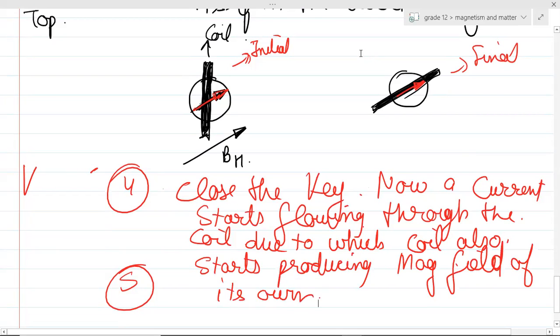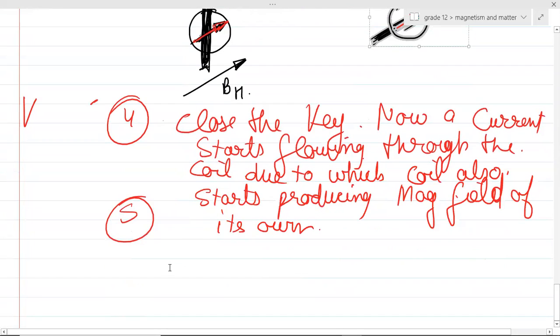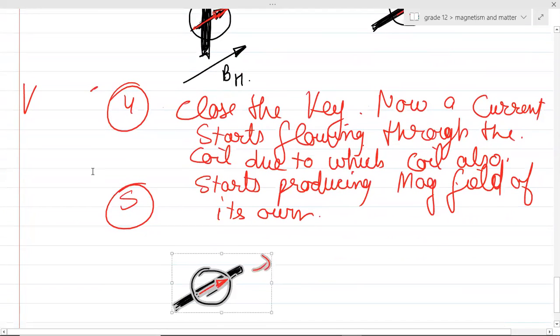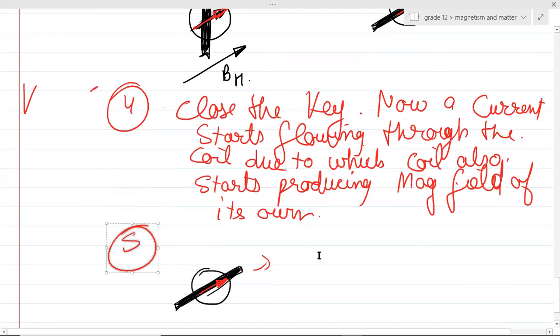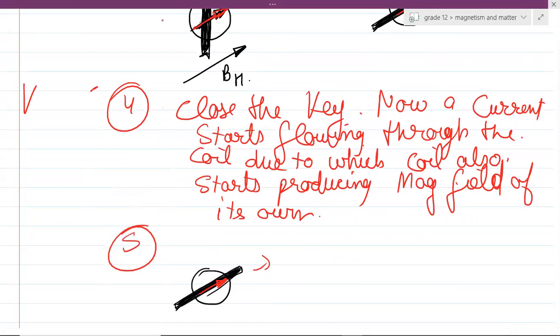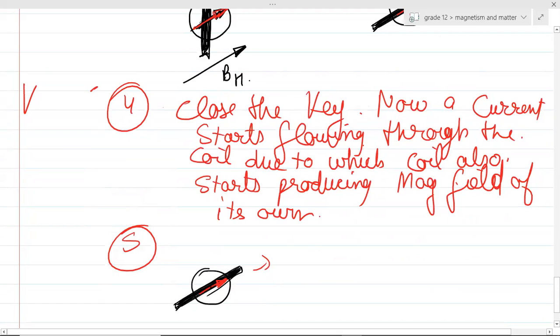So basically, suppose this is the case, and let's say this is the direction of the coil. This was the direction of BH, initially, right? And now the coil also starts producing a magnetic field. So what will this needle do now?